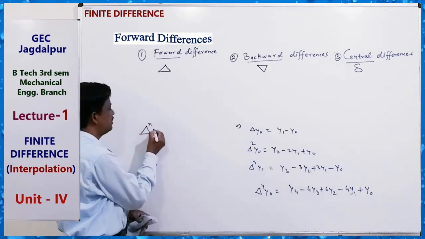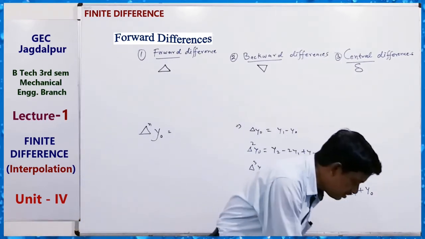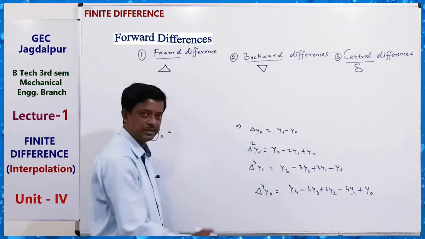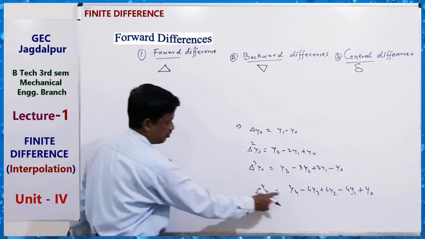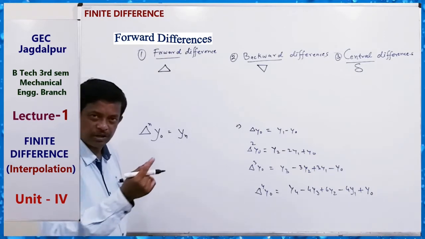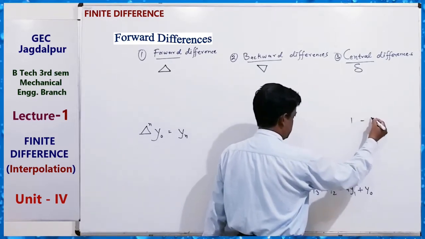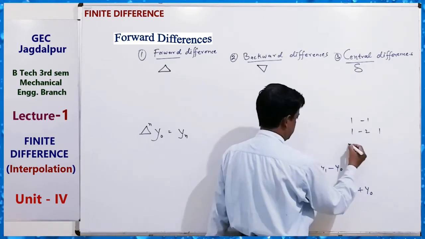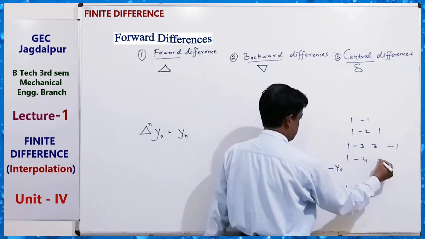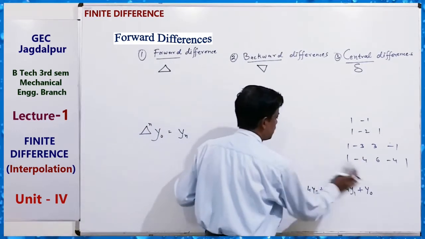Suppose we write the nth difference of y0, like the fourth difference, third difference, second difference, first difference. Starting from y0, the coefficients are binomial: 1, minus 1; then 1, minus 2, 1; then 1, minus 3, plus 3, minus 1; and then 1, minus 4, plus 6, minus 4, 1. The signs alternate plus and minus.